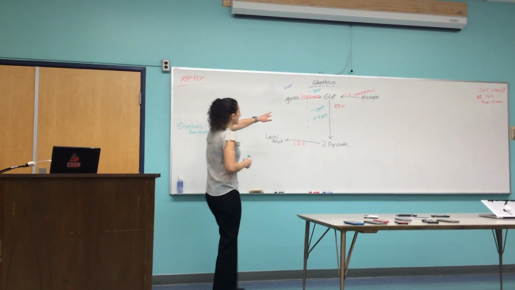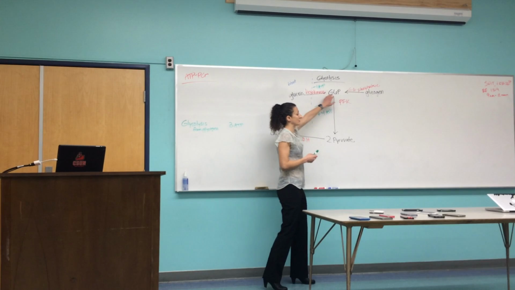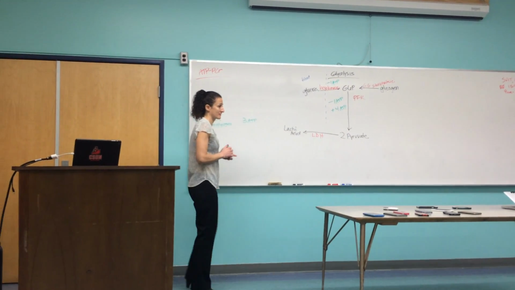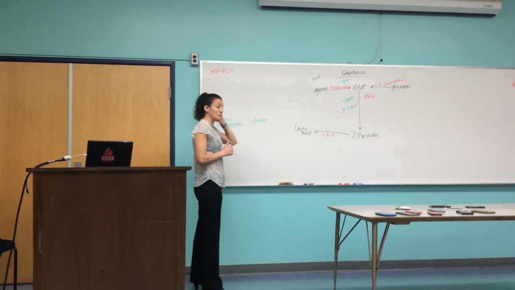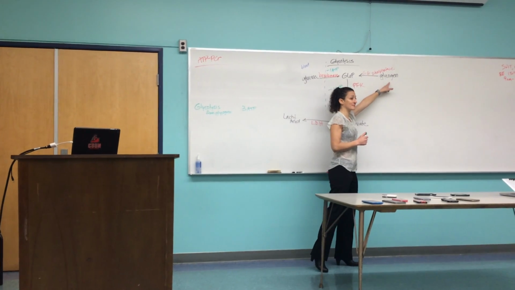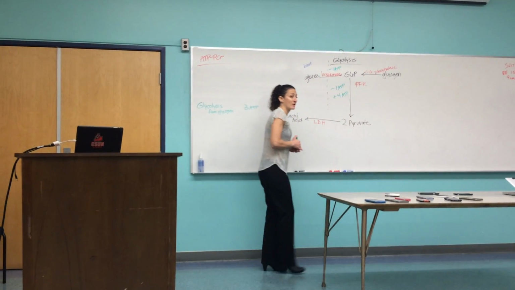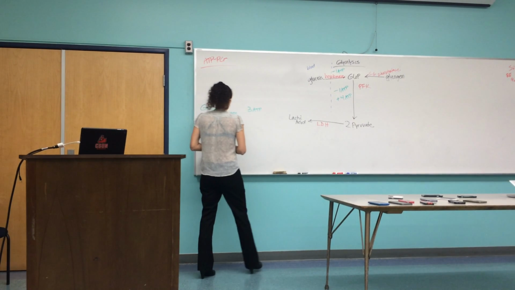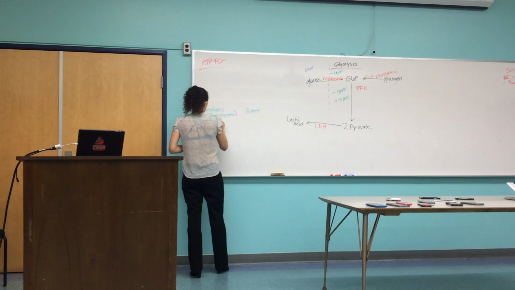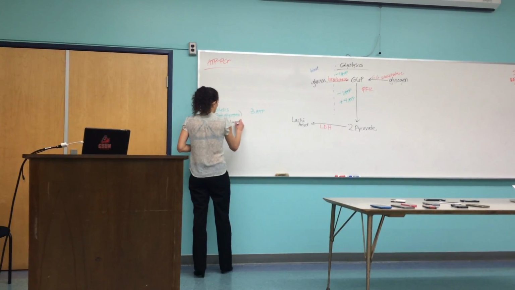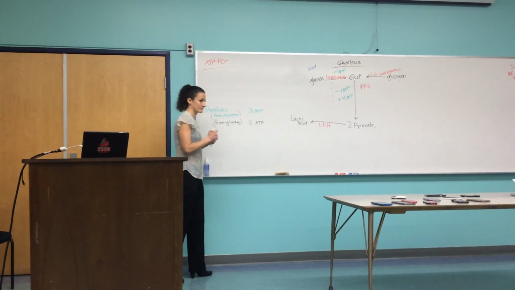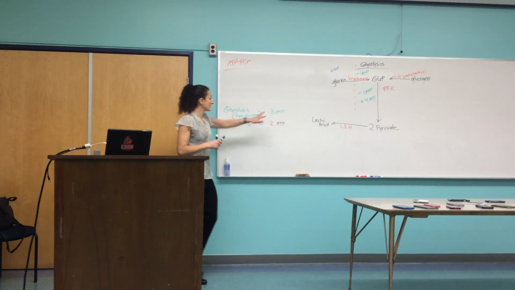So if we come from glucose to G6P and go through the process of glycolysis, how many ATP will we end up with? 2, because we lost one coming into glucose. You don't lose that one coming from muscle glycogen because you're already in the muscle. You don't have to cross that membrane. Okay, so if we were to come from glucose, it would be 2 ATP. Okay, these are happening separately.